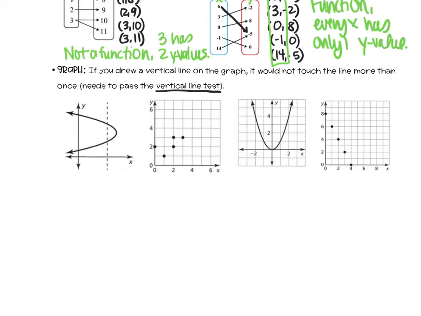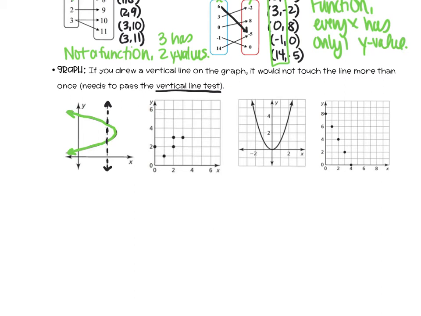So I'm going to show you kind of how this works. So on this first one here, we have x and y, and then our line is this curve thing. Okay, and then they actually drew this vertical line. This is what you do for your vertical line test. So if you draw a line in there, a lot of times a person will use a pencil.